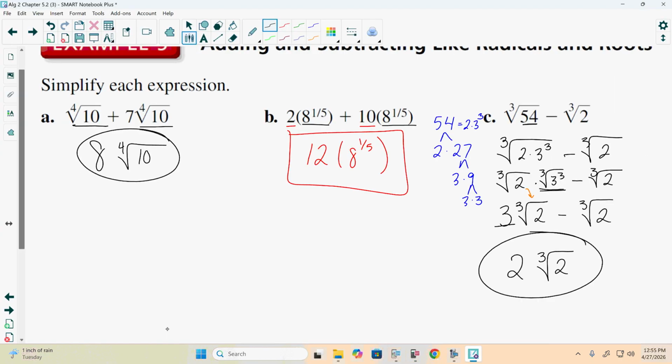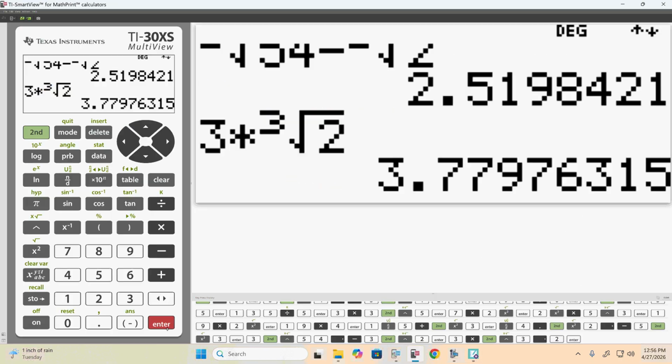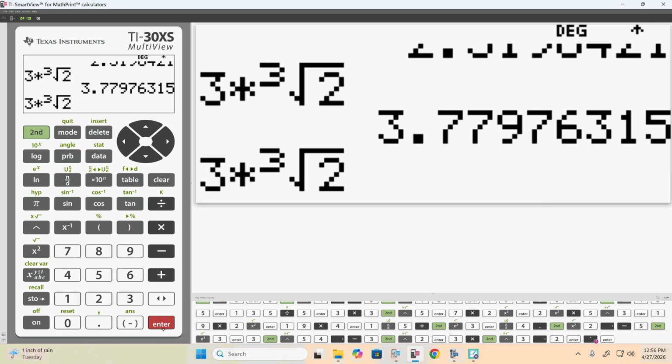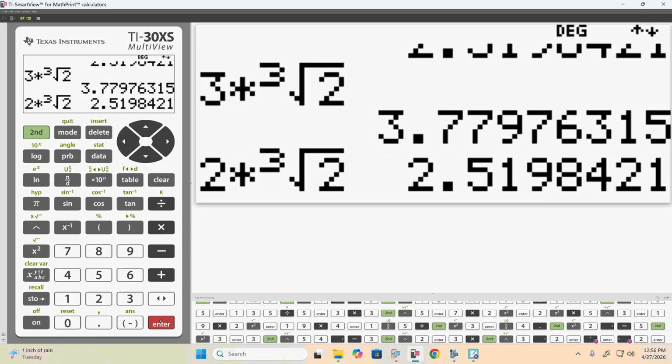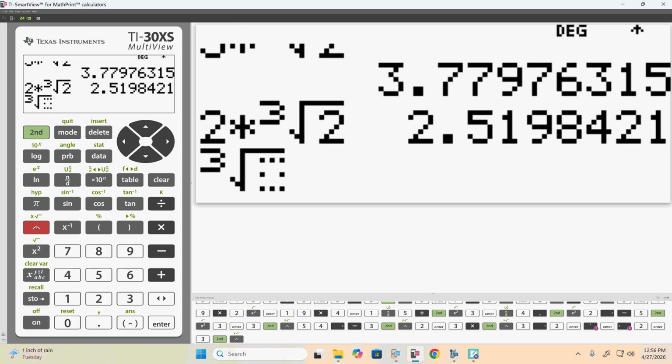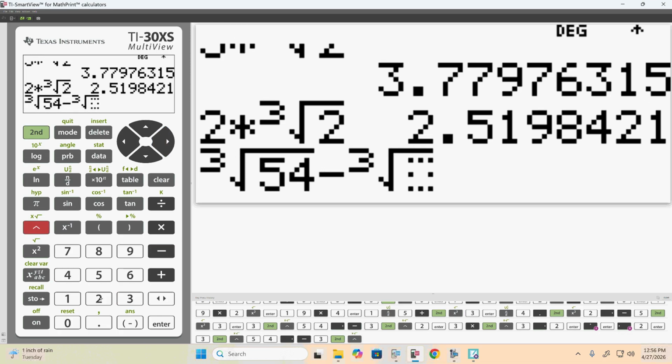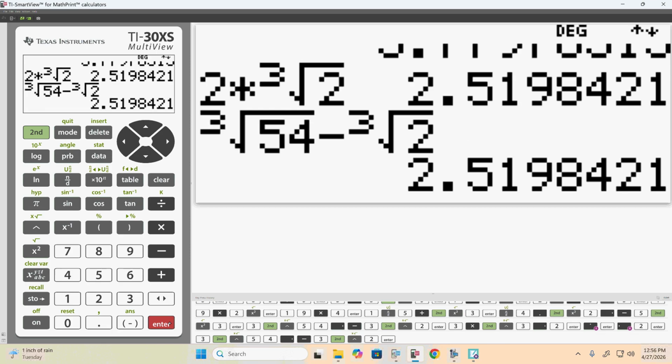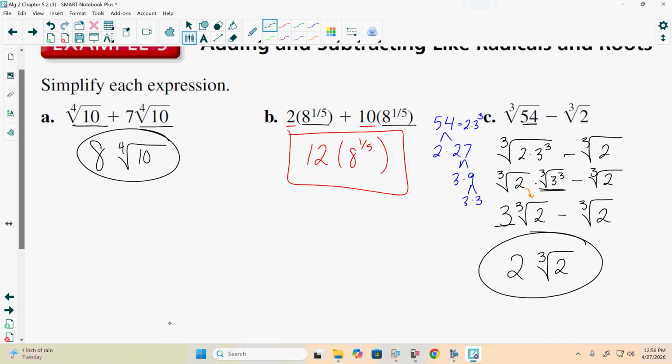Make sure I typed it in right. 2 cubed roots of 2. Help if I get my numbers right. 2 cubed roots of 2 is the same as the cubed root of 54 minus cubed root of 2. Lo and behold, we do see that they are equivalent expressions. Questions on these here?